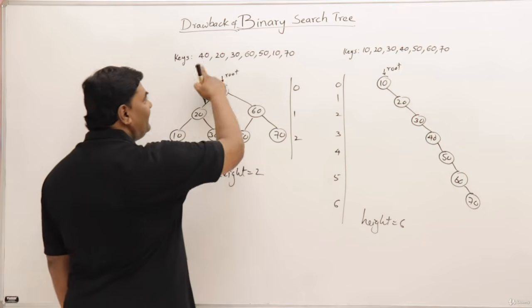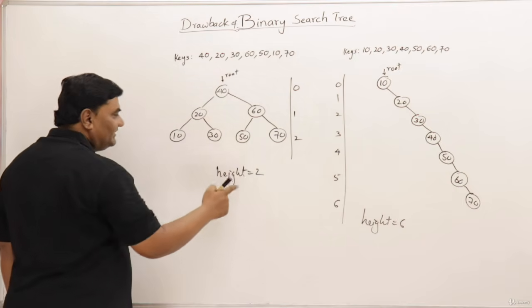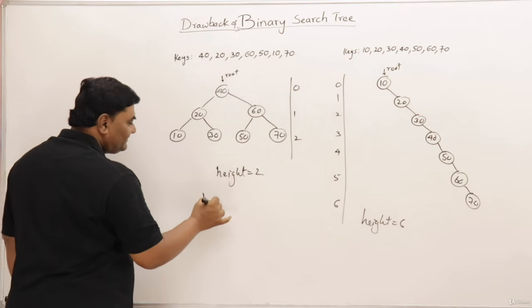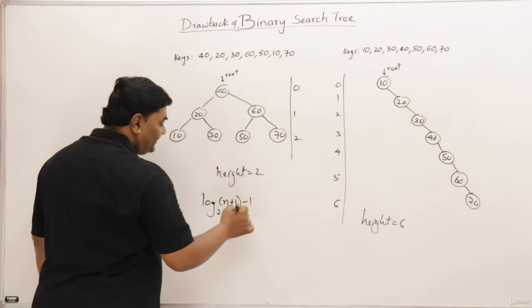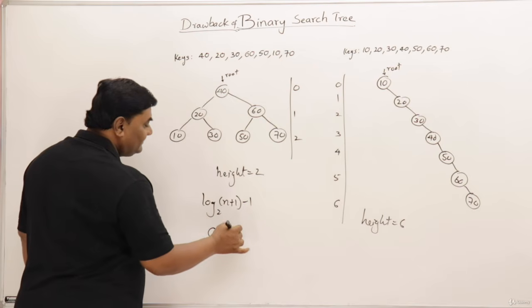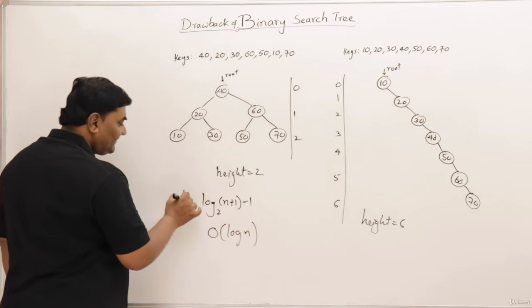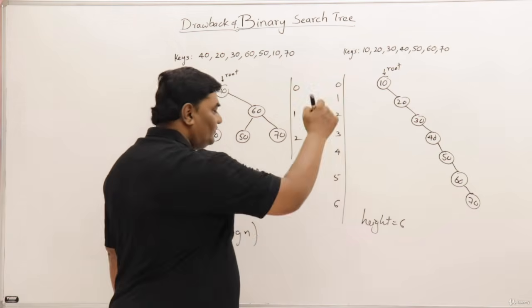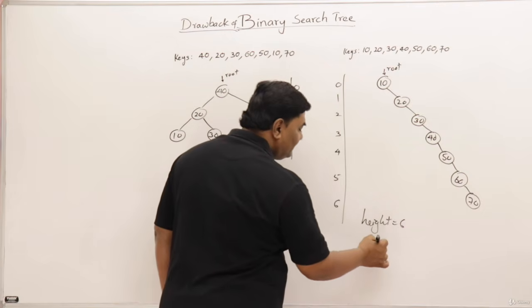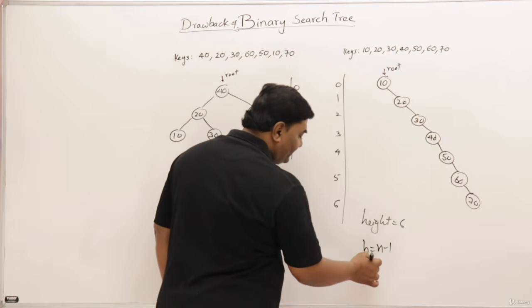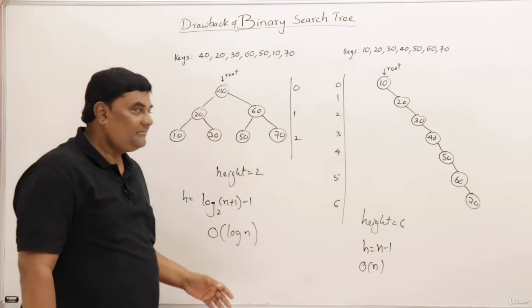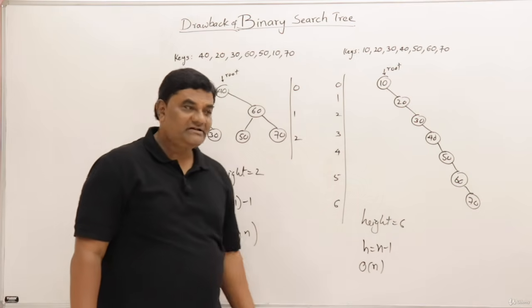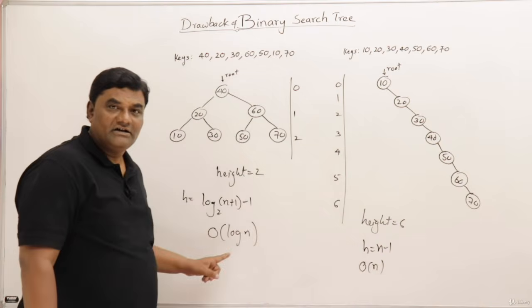So for 7 nodes, height 2 means height is log base 2 of (n plus 1) minus 1. So this is log n. And for n nodes, height here is n minus 1. So it's order of n. So the height of this binary search tree is logarithmic. The height of that binary search tree is linear, n, versus log n.